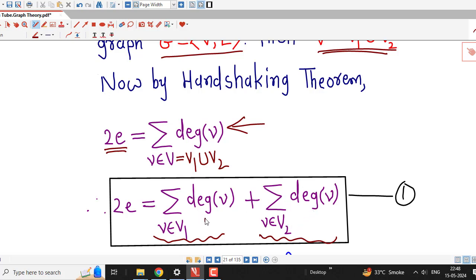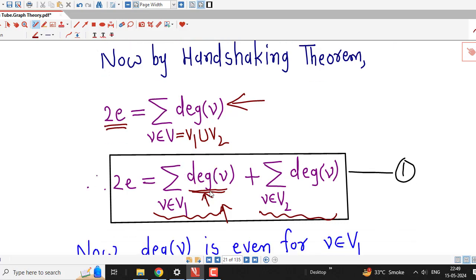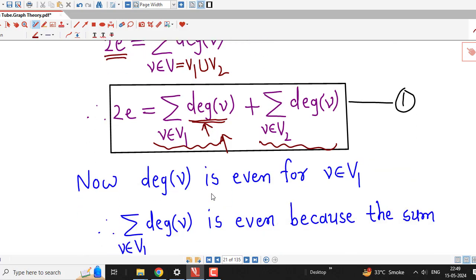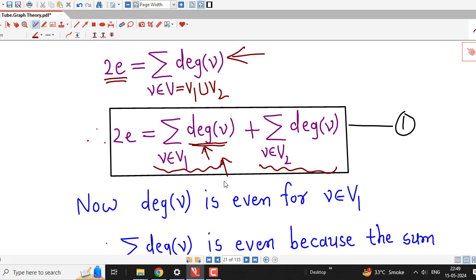Now we concentrate here. Here V1 is the set of vertices of even degree, therefore here degree of V is even for each V belongs to capital V1, and therefore this is the sum of even numbers, and hence it turns out to be an even number. So that I have written here, that degree of V is even for V belongs to capital V1.